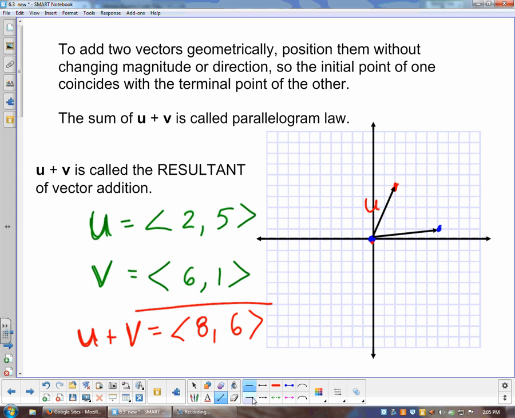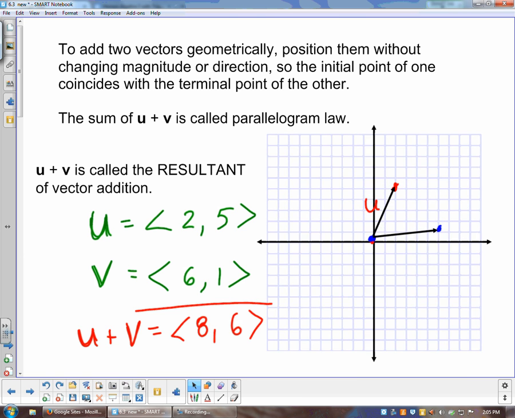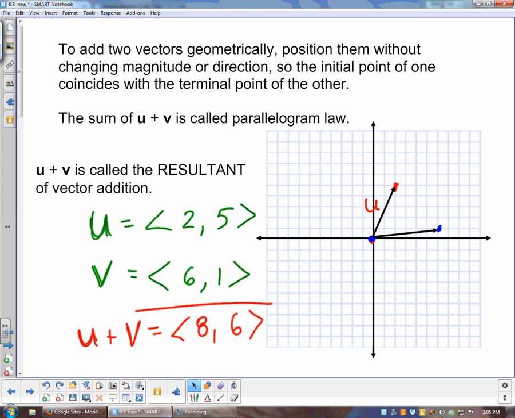You would position them without changing the magnitude or the direction, so the initial point of one coincides with the terminal point of the other. So for example, I can take this vector here, make a copy of that.